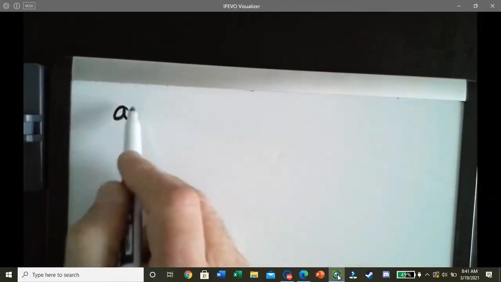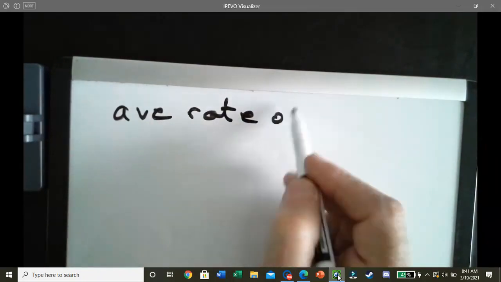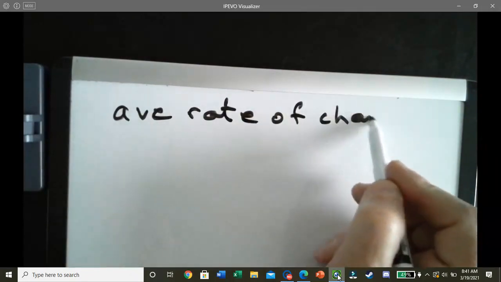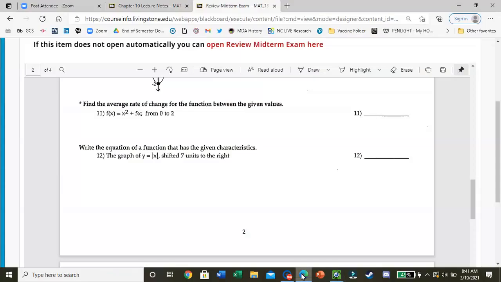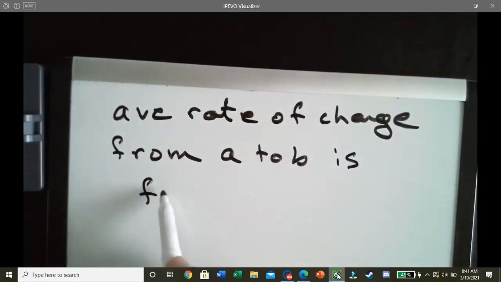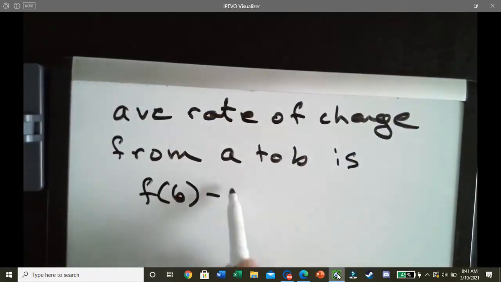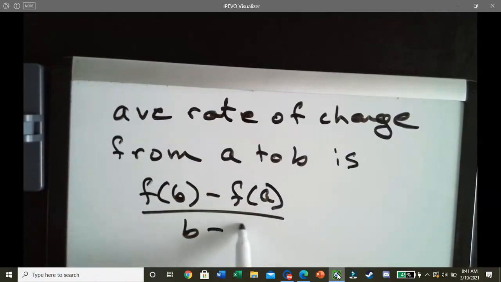The average rate of change, and I believe they use between, right? Oh, okay, from A to B. From A to B is f of B minus f of A over B minus A.